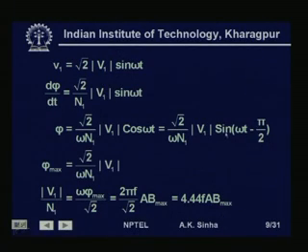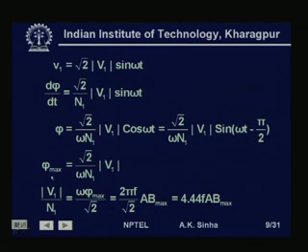So, flux is lagging the voltage which is creating this flux in the core by 90 degrees. Also, the current which flows in the winding to create this flux is going to be in phase with the flux. Therefore, the current will also be lagging the voltage by 90 degrees.